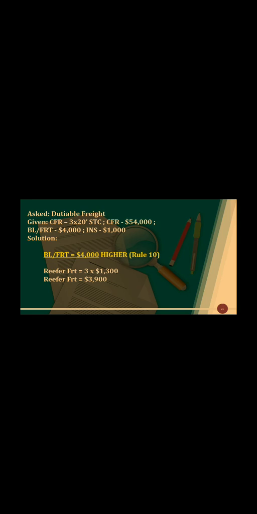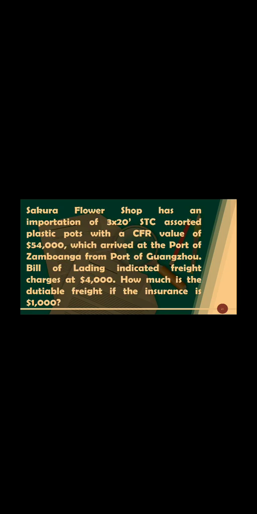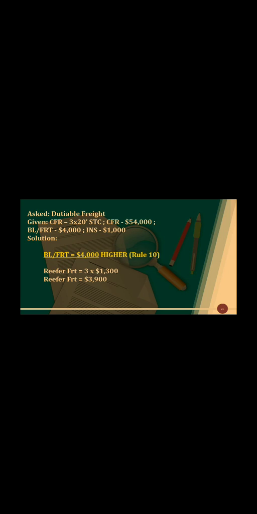Insurance is $1,000. Whichever is higher of the indicated bill of lading freight in the problem and the rougher freight. So $1,300 is the standard rate for those 1x20 STC vans that came from Guangzhou.